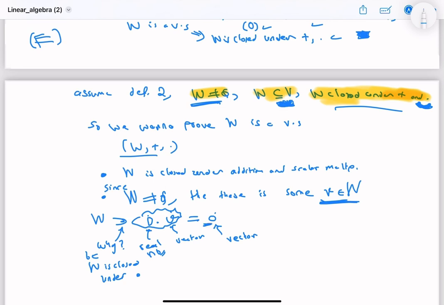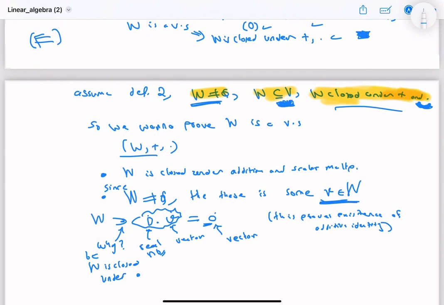So this proves existence of additive identity. And why is 0 an additive identity of omega?